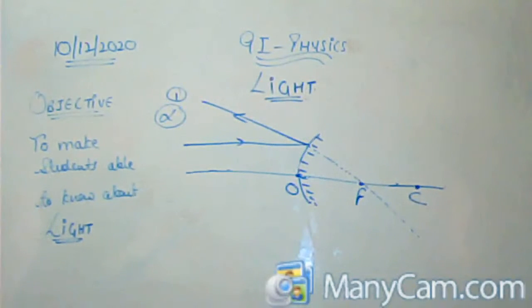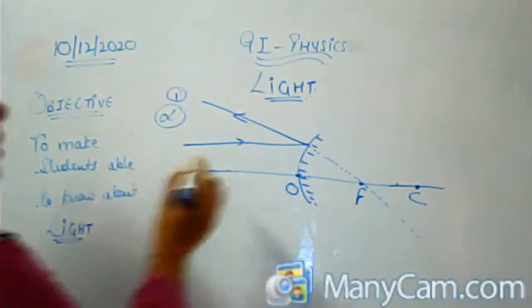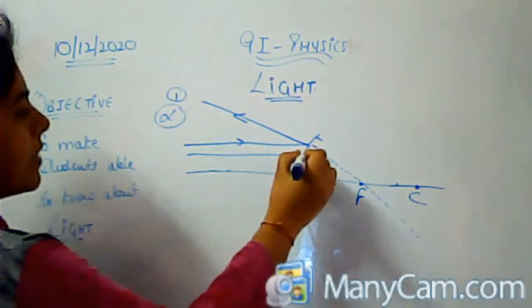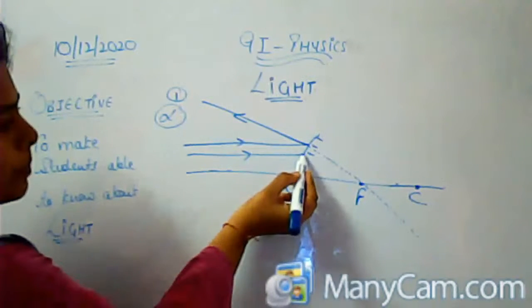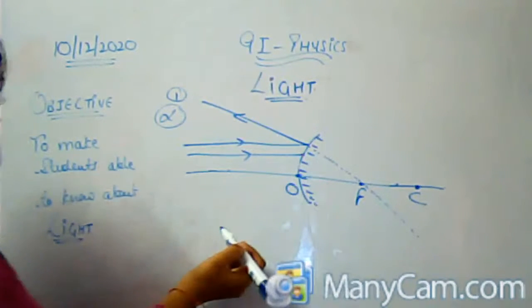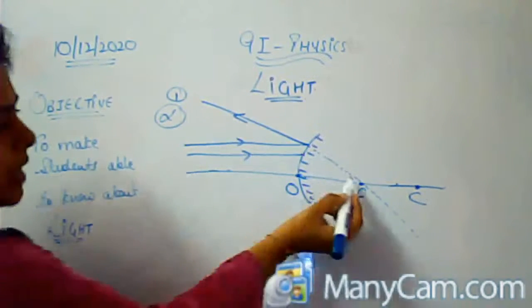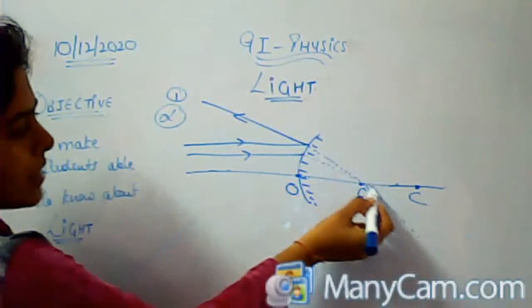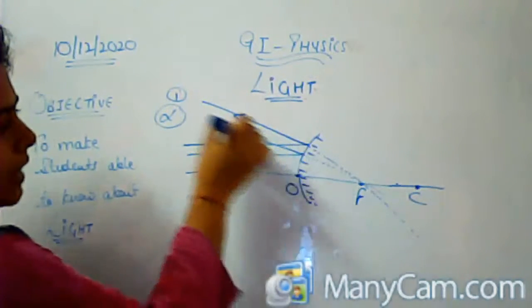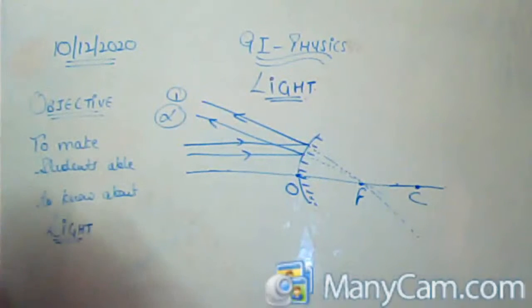Okay. Second, you can again have a line which is parallel to the principal axis. Keep the scale on this, where it strikes the mirror and on the focus, and you are going to have the imaginary line over here, and this way it is going to reflect back.